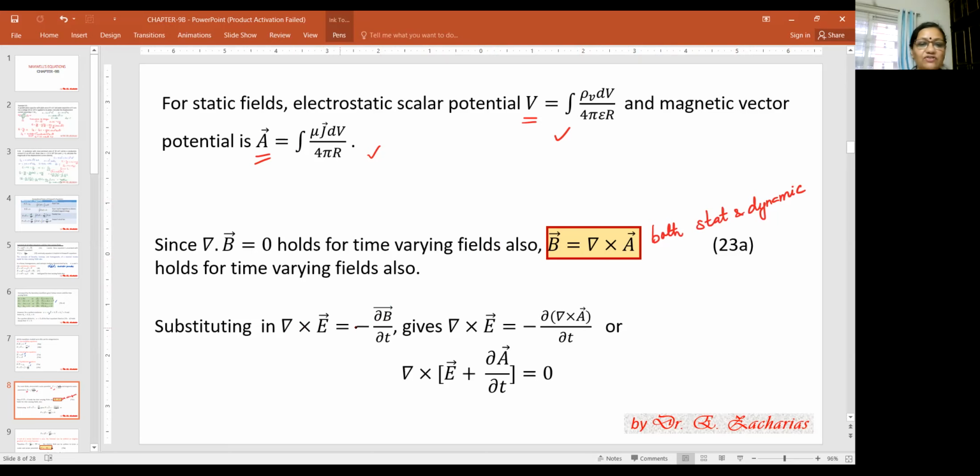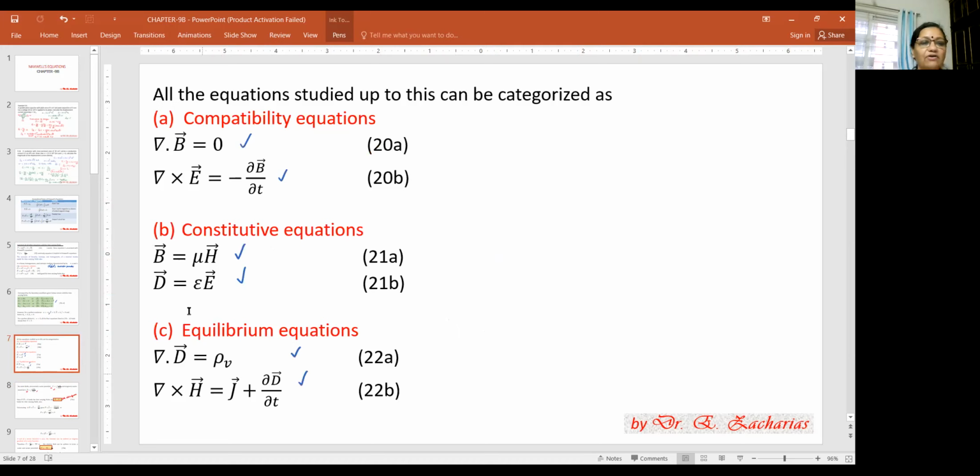Del cross E is equal to minus dou B by dou T. So basically we are looking at the compatibility equations. Now you must be getting some idea why we are calling them compatibility equations. We took the first compatibility equation and said that it is compatible with both dynamics and statics.